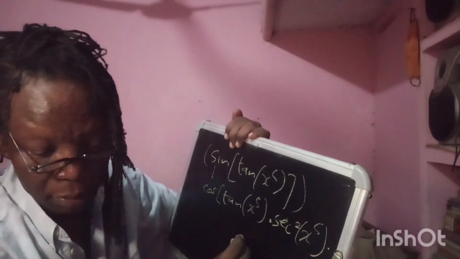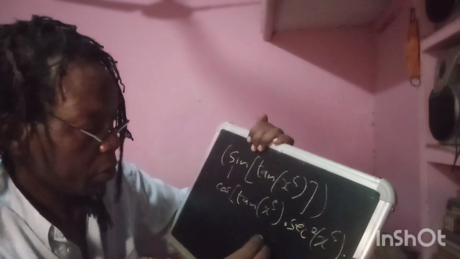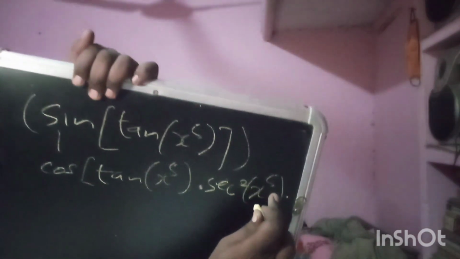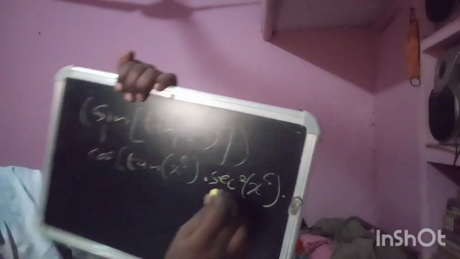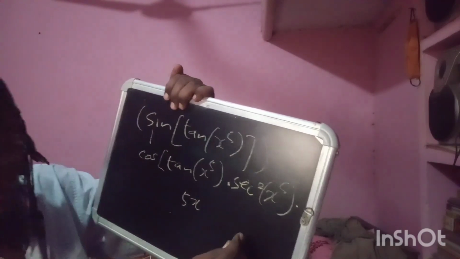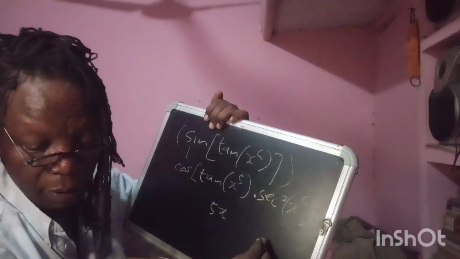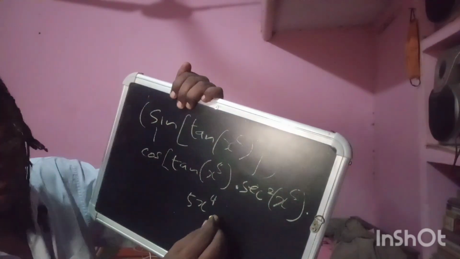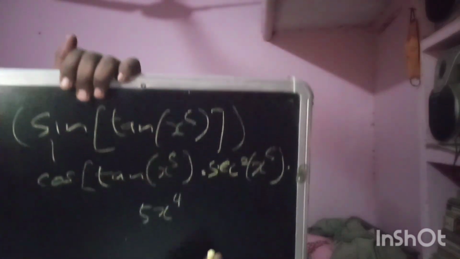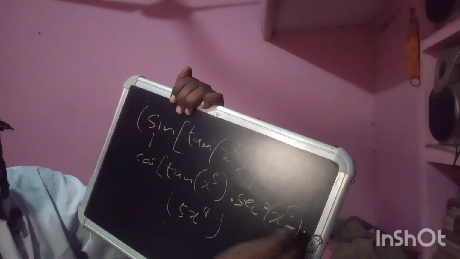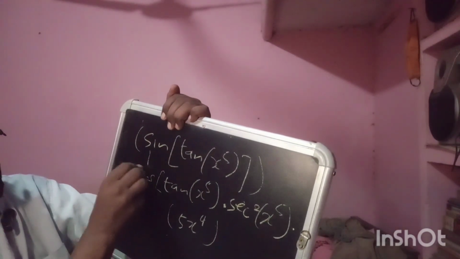So let's differentiate x to 5. The 5 will come in front of x. 5 comes in front according to the power rule. So we have 5x, then here you subtract 1. So 5 minus 1 will be 4. So this will be the answer.